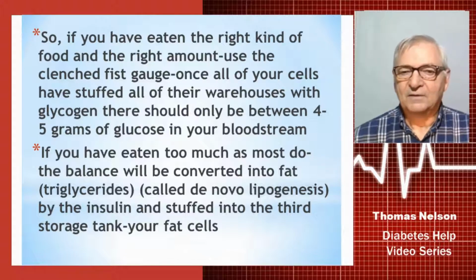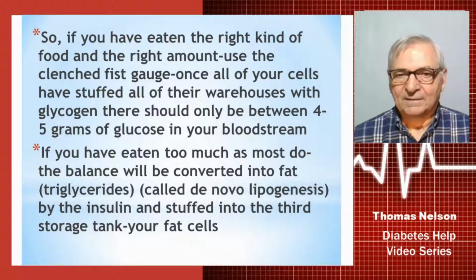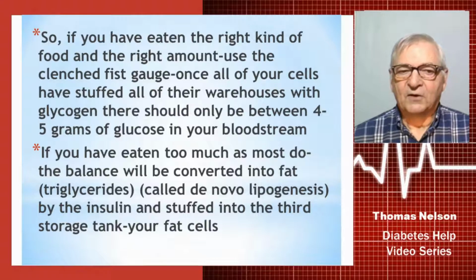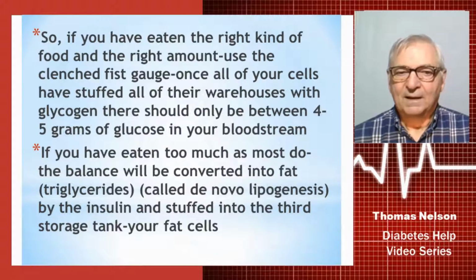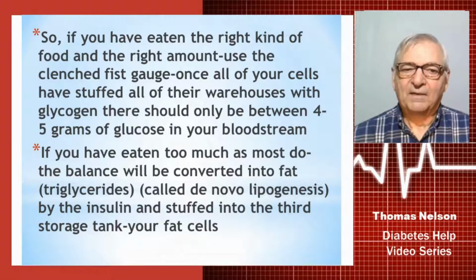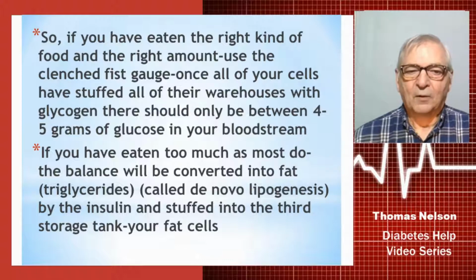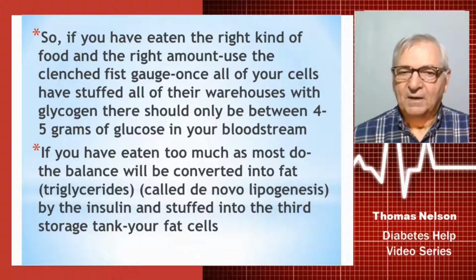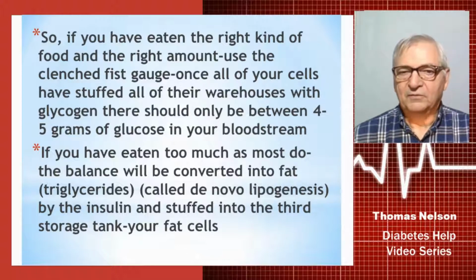Then your liver and that excess insulin are going to convert all of that excess glucose into triglycerides and put it into the bloodstream. That's a process called de novo lipogenesis. The insulin will stuff most of those triglycerides into your fat cells.